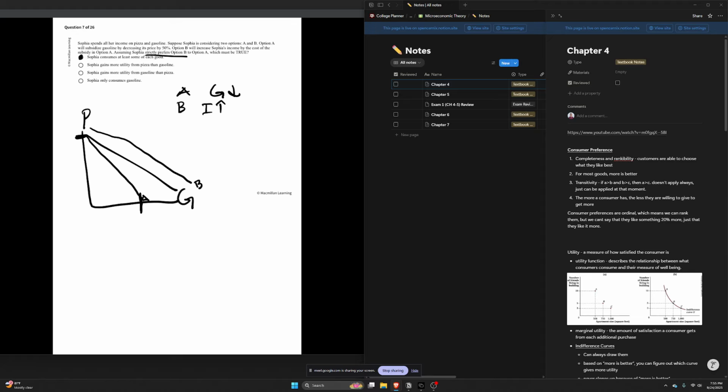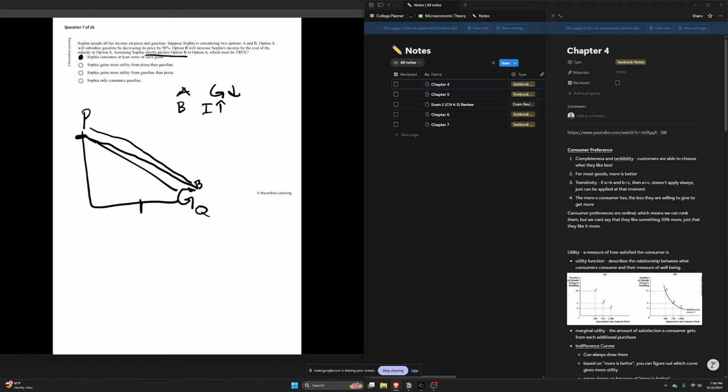Actually, this graph would go the other way because her quantity bought would be higher, like that. So this is quantity of gasoline. Since the price of gasoline goes down, the quantity demanded will go up. But anyways, if she's only buying gasoline, this helps her a lot, right? But if she's buying anywhere else, it only helps her a little. And if she's only buying pizza, it doesn't help her at all.